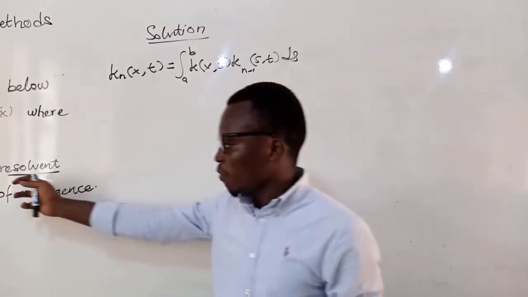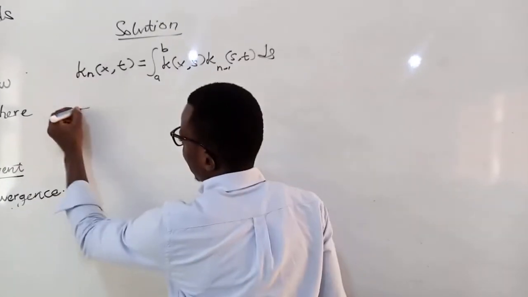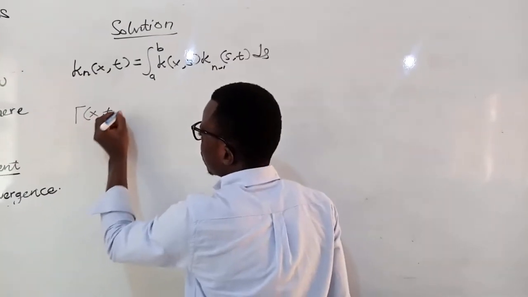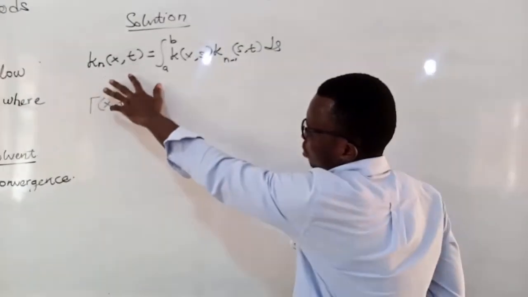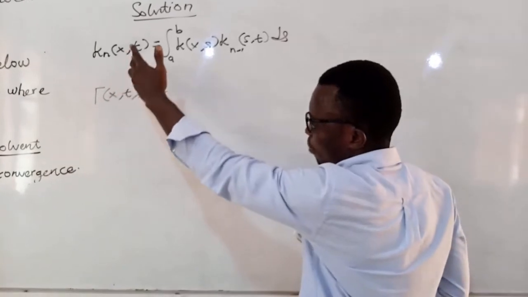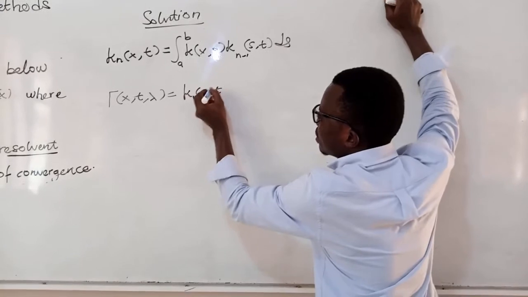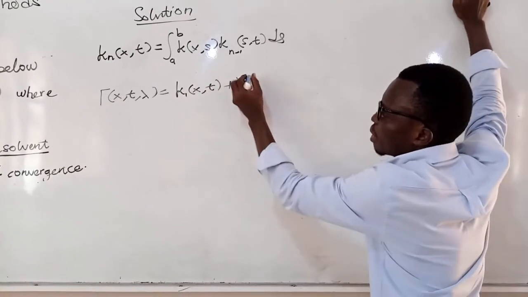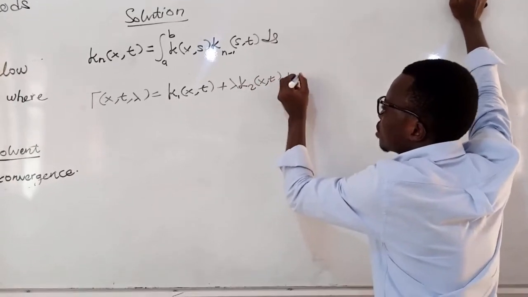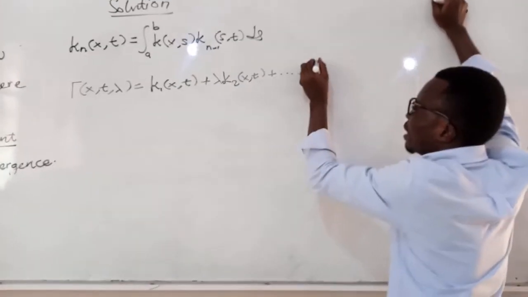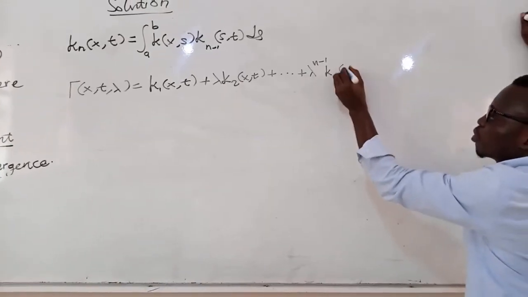The next relation was the formula for the resultant kernel, which was given as gamma of s,t,lambda. We sum all the iterative kernels, including lambda. So we get K1 of s,t plus lambda K2 of s,t plus ... plus lambda^(n-1) K_n of s,t.